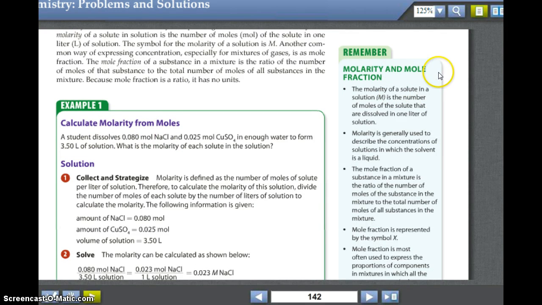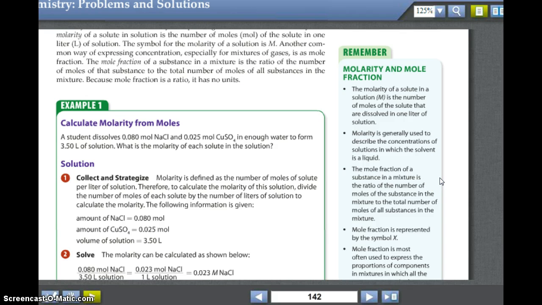We'll do the green column next. Remember, molarity and mole fraction. The molarity of a solute in a solution, capital italics M, is the number of moles of the solute that are dissolved in 1 liter of solution. Molarity is generally used to describe the concentration of solutions in which the solvent is a liquid.